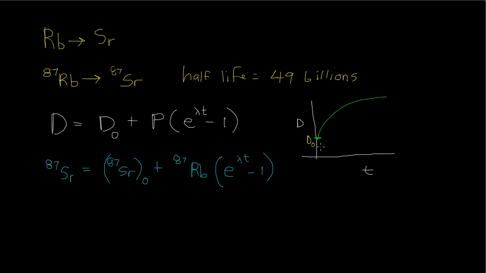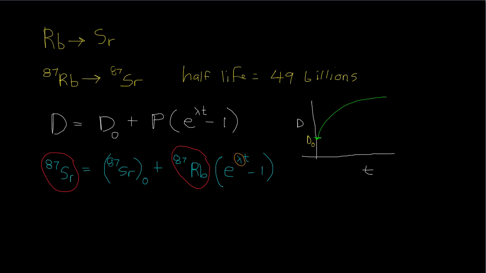Now, if we look at this equation, let's circle the things that we can know and measure. We can measure the concentration of strontium 87, and we can measure the concentration of rubidium 87. We know the decay constant.